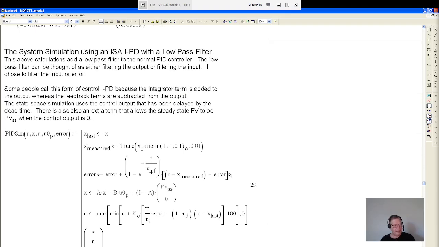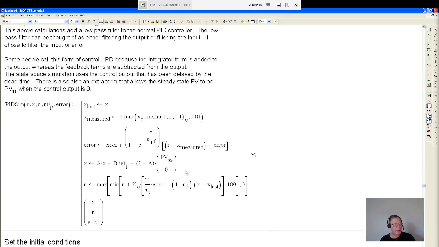Now, this is my PID simulator, and each iteration is going to take a set point, and this is the state, and the state happens to be a temperature and a temperature rate. The control output, this is the delayed control output to simulate the dead time, and the error from the last time, and that's for the filtering.